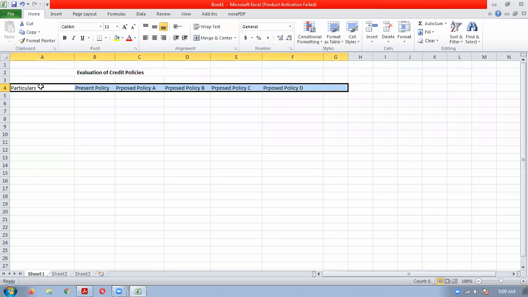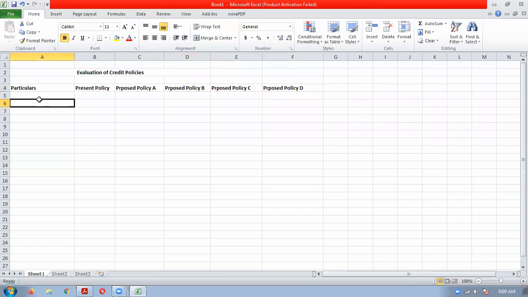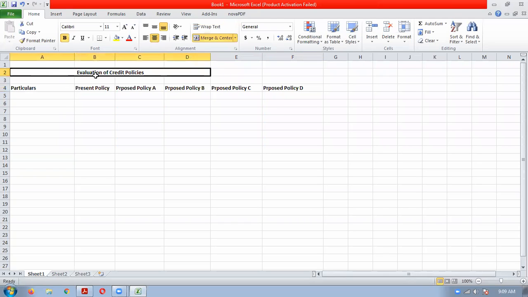This will be the evaluation of credit policies.